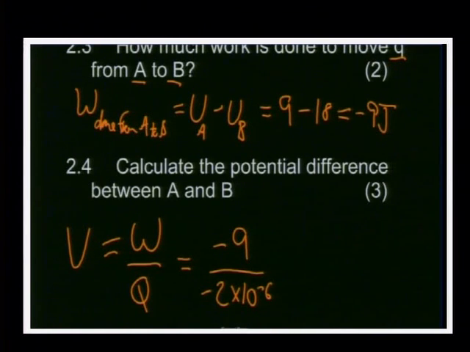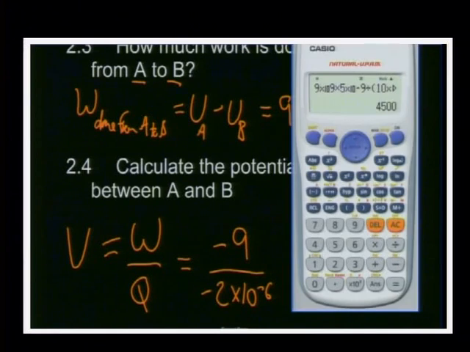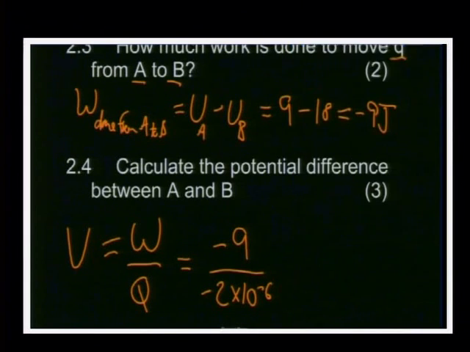And when you do that, a quick calculator will give you the answer here. We're going to say 9 divided by 2 exponent minus 6 equals, and if we put that into scientific notation, it turns out to be 4,5 times 10 to the 6.